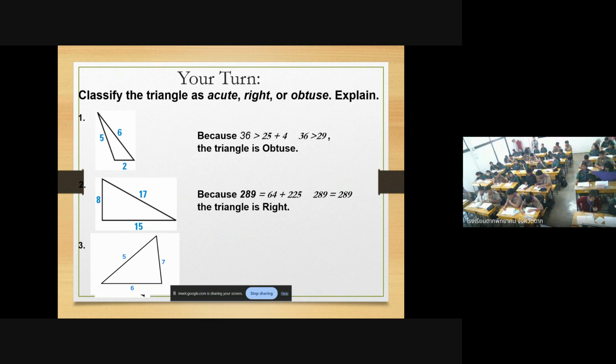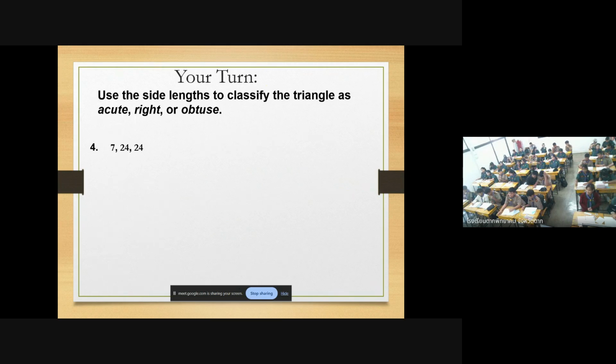All right, for number 3. The answer is acute triangle. The triangle is acute. 1 check for the solution, 1 check for the word acute triangle. Next. Okay, 4, 5, 6.